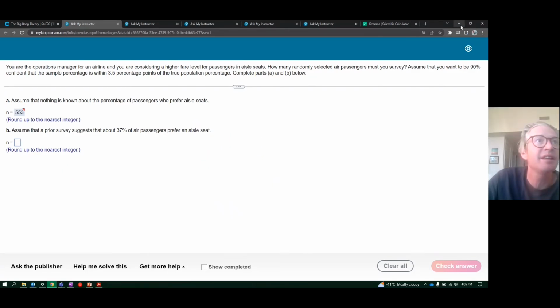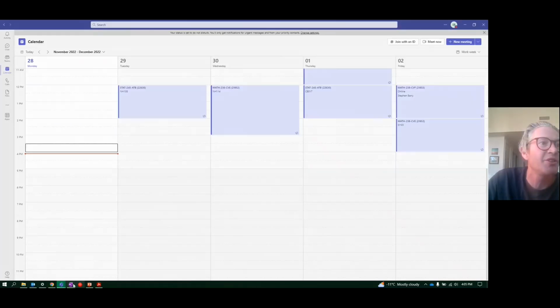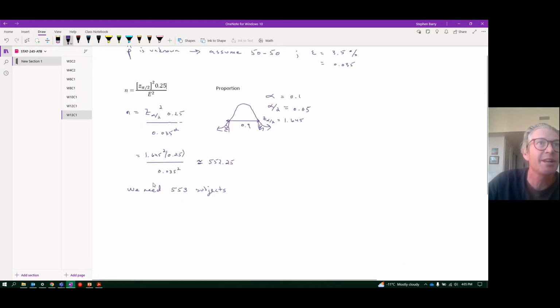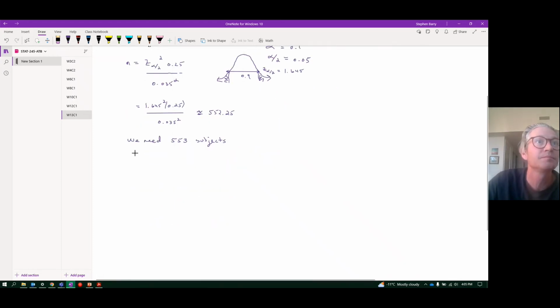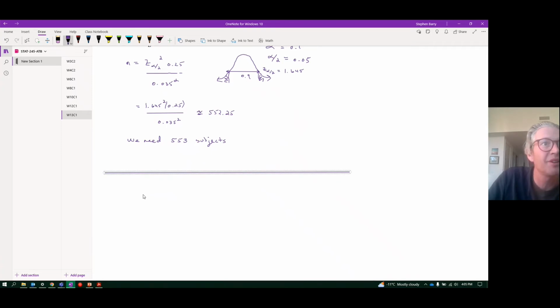Well, in that case, then you just change your P and your Q value, so everything else stays the same. I'm just going to change this to .37.